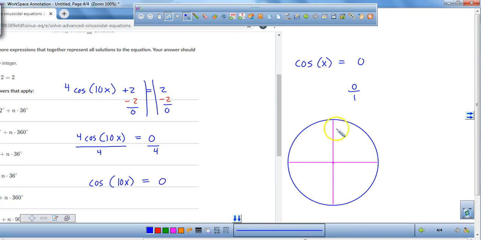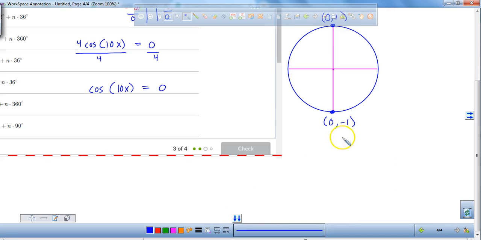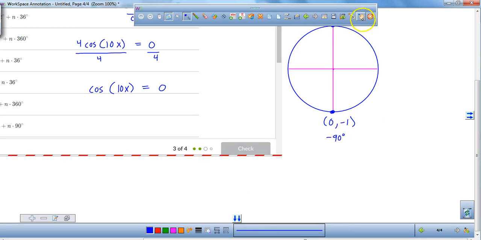One is right up here where we have a 0 and a 1, and one is right down here where we have a 0 and a negative 1. And this puts me right up here at 90 degrees. And this is 270, but we can also call this negative 90 degrees.